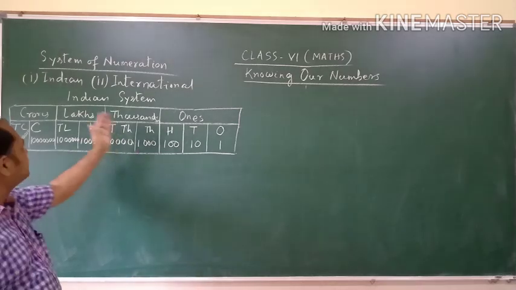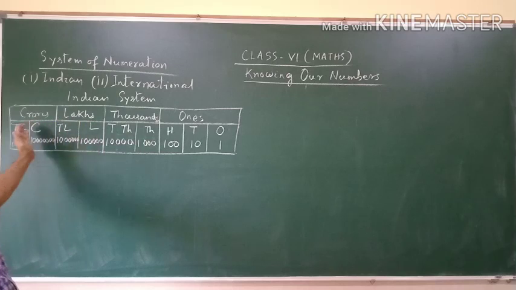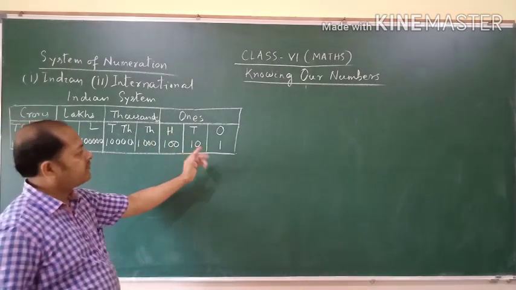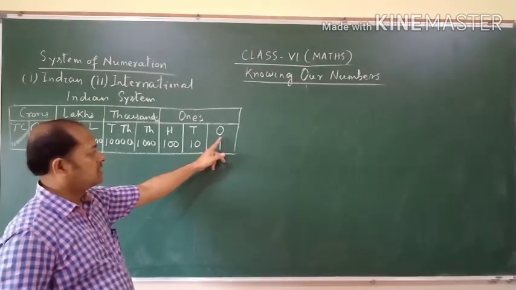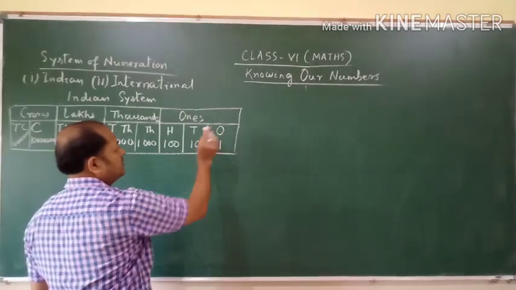So I am writing here 4 periods: ones period, thousand period, lakhs period and crore period. In the ones period, the first place is the ones place.